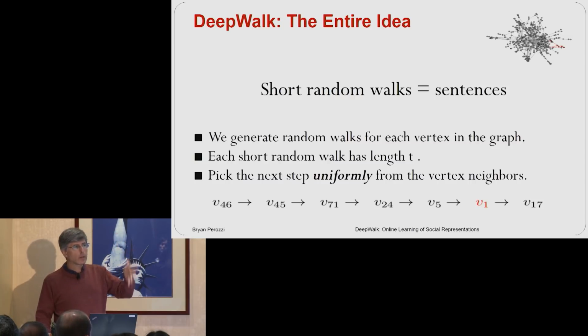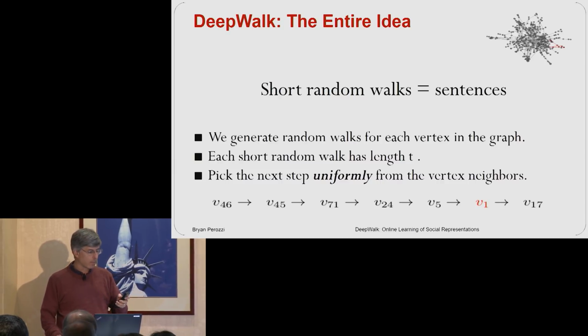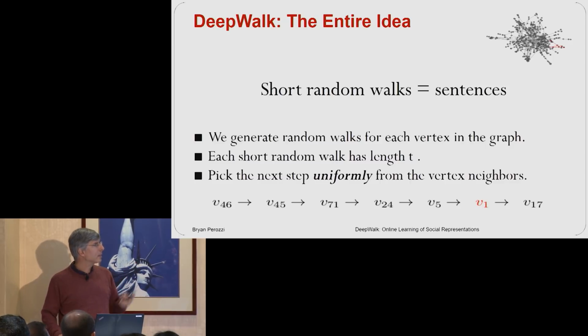If the vertices of a graph can be thought of as the words of a language, then walks on a graph can be thought of as sentences in the language. If word2vec is this magic for taking sentences and turning them into features, then why can't we treat random walks as sentences for the same purpose? That's basically the entire idea behind DeepWalk.